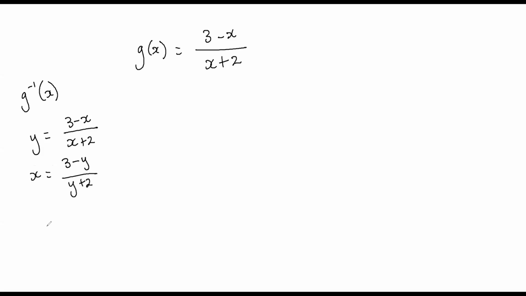Cross multiply, that'll be x bracket y plus 2 and 3 equals 3 minus y.